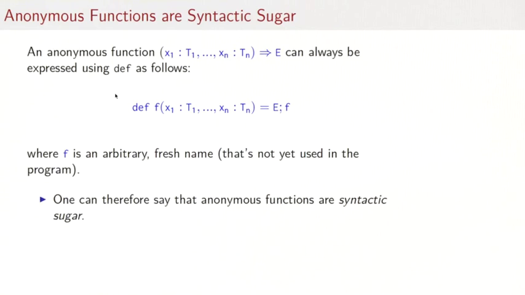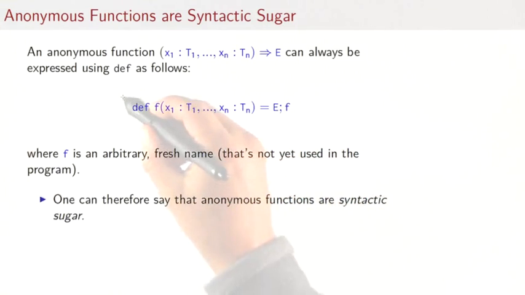It actually turns out that every anonymous function can be expressed in some other way using a def. So let's say you have an anonymous function with n parameters, x1 to xn, and a body e. You can always write this as the function def f, then come the parameters, then comes the body, and then you follow that by a reference to this function that you have just defined.